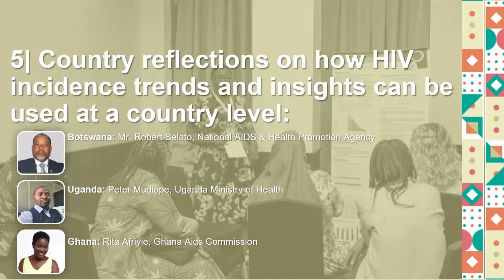UNAIDS targets. Although we have reached those targets, we know that in Botswana, the treatment cascade is actually excelling, but HIV prevention is still lagging behind. Those are some of the challenges that we are faced with. And despite the positive strides that I mentioned, we have also missed as a country the 2020 fast track targets.